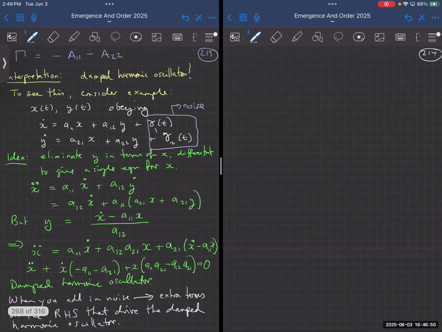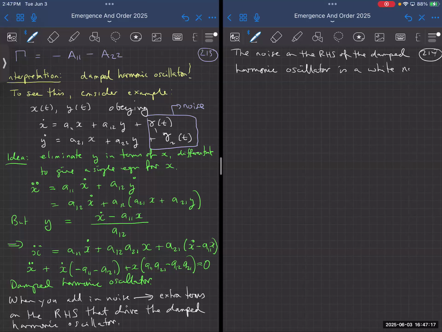So the noise on the right-hand side of the damped harmonic oscillator is a white noise. If you calculated its properties, it's not like that because we assumed it, but because we calculated it.